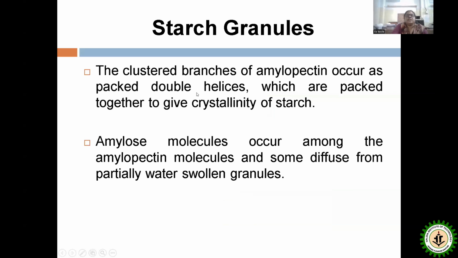Now the clustered branches of amylopectin occur as packed double helix, which are packed together to give the crystallinity of starch. Amylose molecules occur among the amylopectin molecules, and some of the amylose molecules can diffuse from the starch granule in partially water swollen granules.